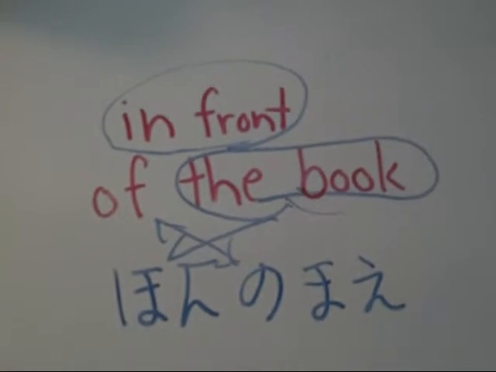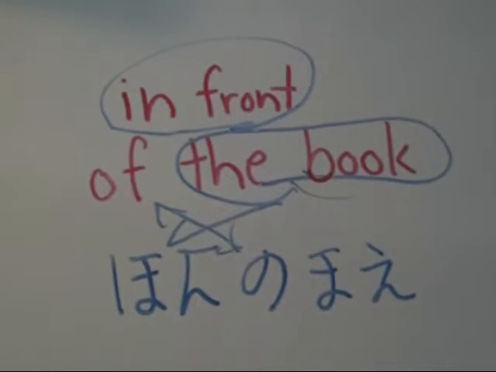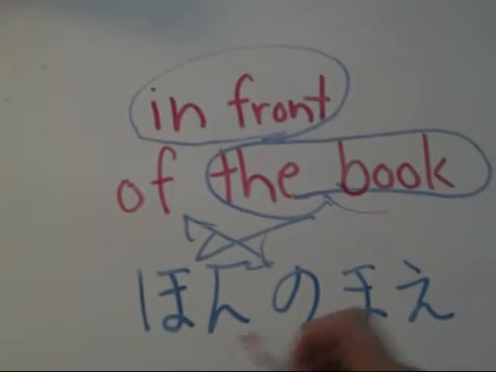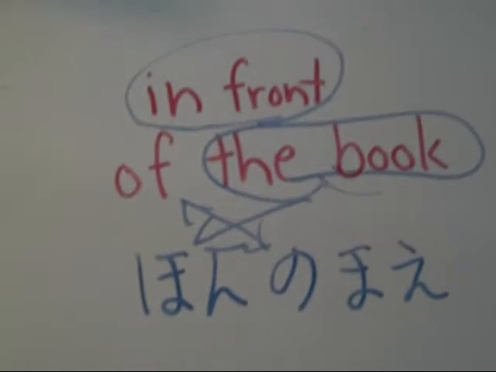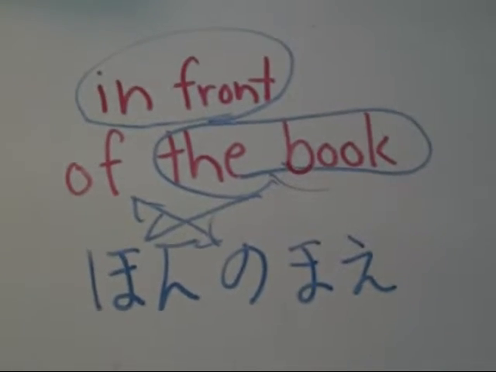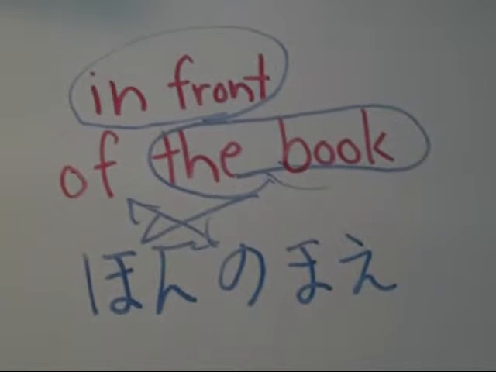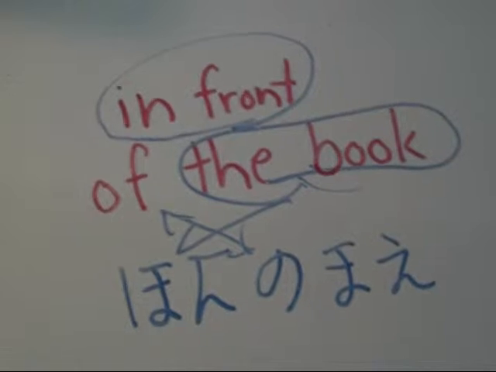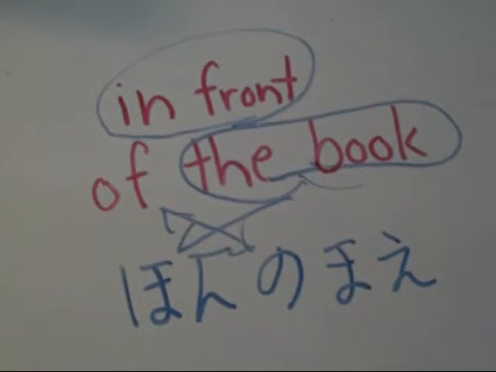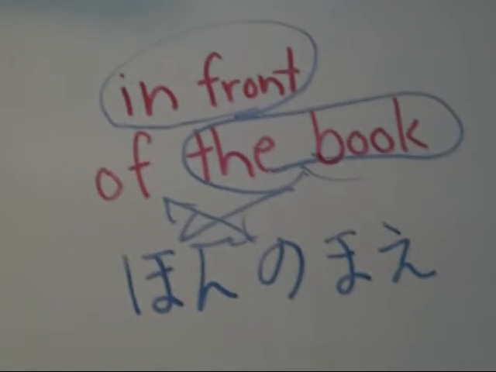Okay, so it says in front of the book, but it doesn't say in front first. See, in English you have prepositions. I didn't realize what that meant until I learned Japanese, and I learned that Japanese has postpositions, and I realized that prepositions are spelt prepositions.